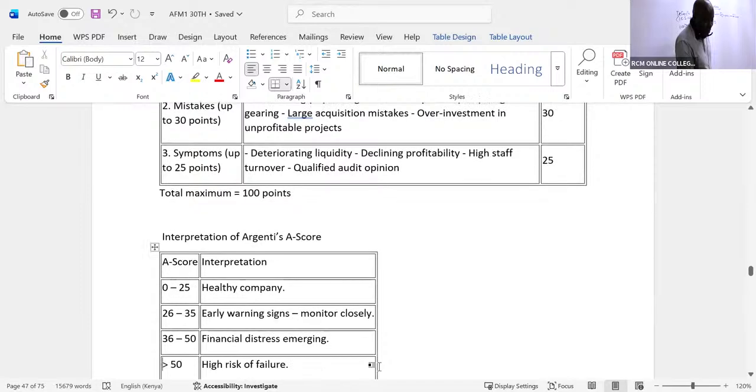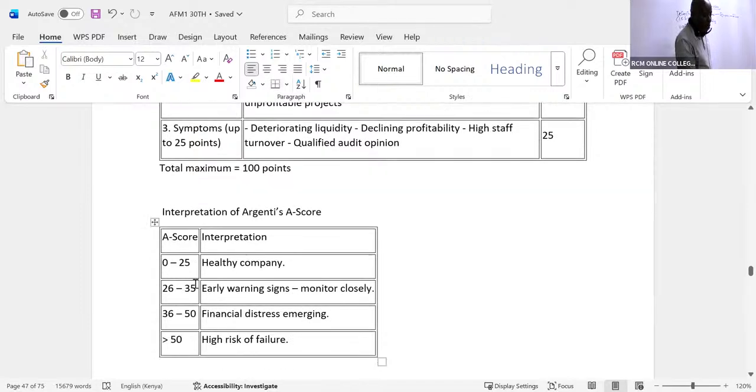So interpretation, ladies and gentlemen: if you scored your company and your A-score is between 0 and 25, then the company is very healthy. 26 to 35, early warning signs, monitor closely. 36 to 50, financial distress is emerging. More than 50, high risk of failure. That's a failed organization. I don't want you to go into all those issues.